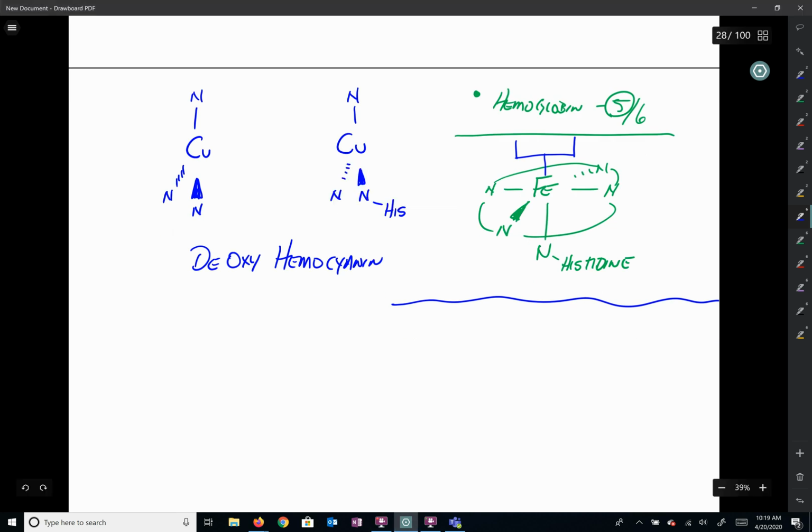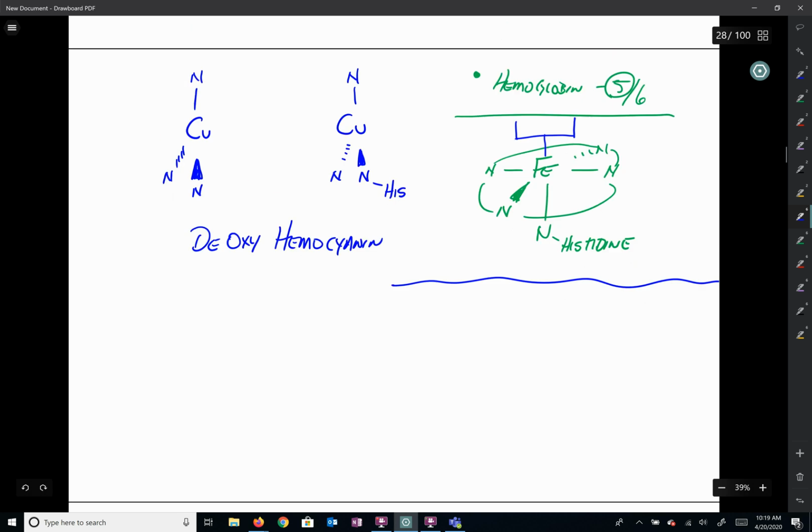Sorry about that. I had to load up some stuff that we're about to move over to here. So as we were talking about with hemoglobin, we're going to see this interchange between 5 and 6. When we're looking at hemocyanin, we see that there's only 3 things bound to the coppers right now, which means we do have quite a bit of space for other substrates to come in and bind to that copper.